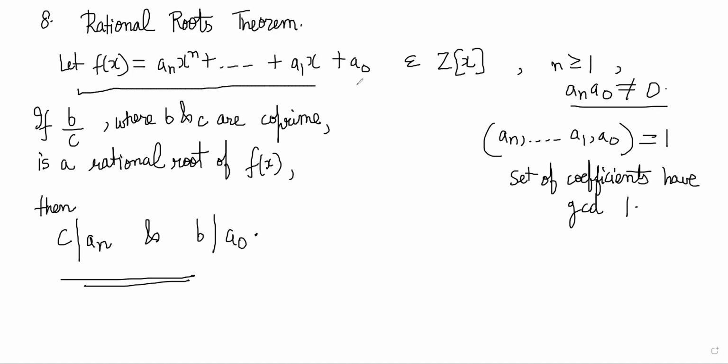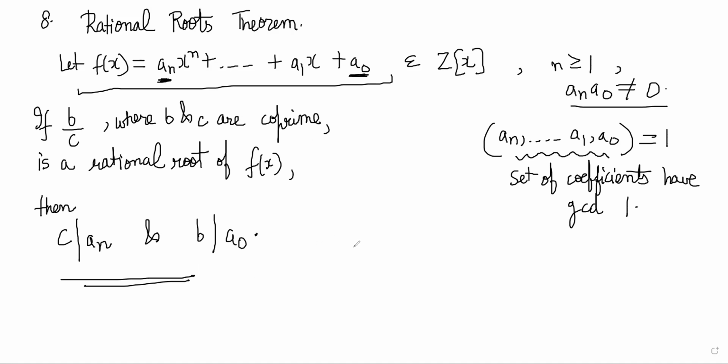So what is the setup of the theorem? f of x must be an integer polynomial. The first and last terms should not be 0. And if you take the GCD of all the coefficients, the GCD is 1. So they are sort of coprime to each other. In that case, if b by c is a rational root where b and c have been reduced to lowest terms, so b and c are coprime to each other, then c, the denominator, must divide the first coefficient, a_n, or highest degree coefficient, and b, the numerator, must divide the constant term. So that is the statement of the theorem.